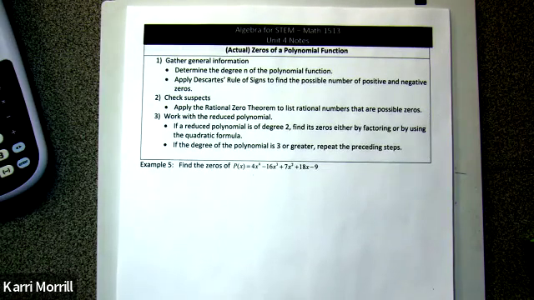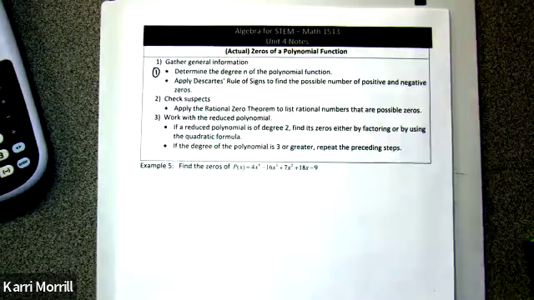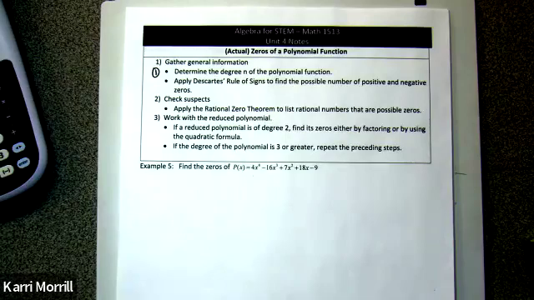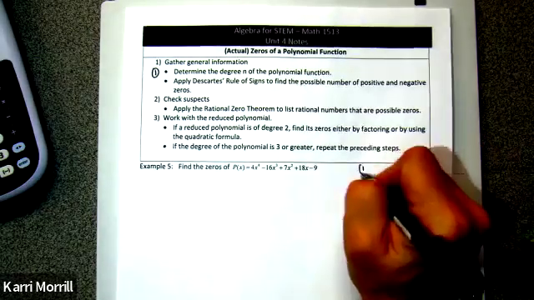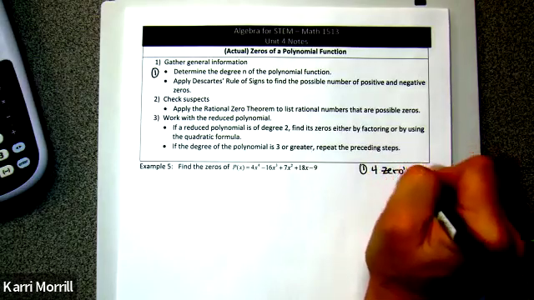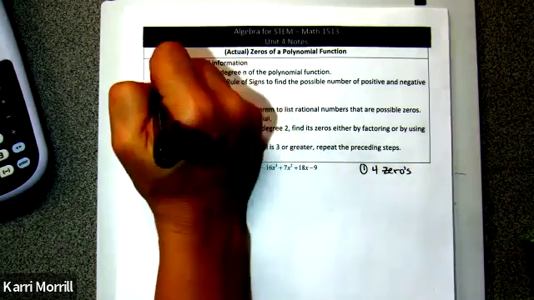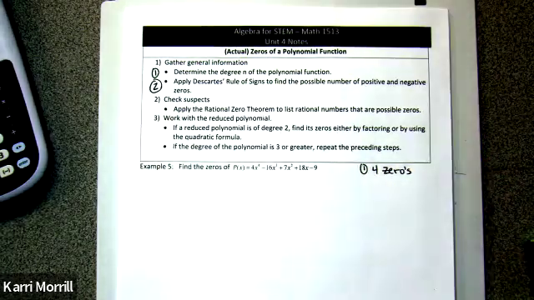So the first thing that we'll do is gather some information. It's always good to determine the degree, meaning how many zeros there are going to be. In this one, I know there's going to be 4 zeros, right? Because that's the biggest exponent. The second thing is you would want to apply Descartes' rule of signs.